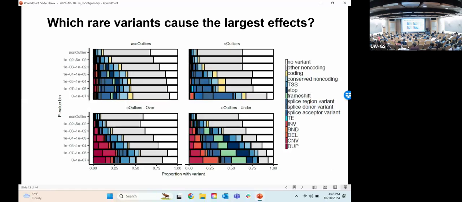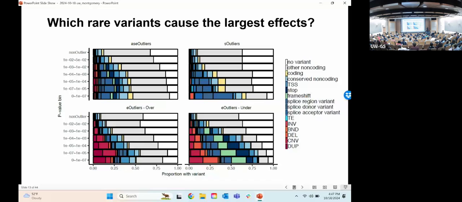So this kind of sets up the prior that, okay, the extremes actually may have some interesting rare variants that are there. We then went a little bit deeper and we said, okay, which rare variants in these outliers tend to cause the largest effects? It's a busy slide, but I'll walk you through it quickly. Actually, we'll just choose the splicing outlier one to walk through. As you go down, we're increasing the strength of the outlier definition. So you can imagine increasing the Z-score threshold that we're finding things at.